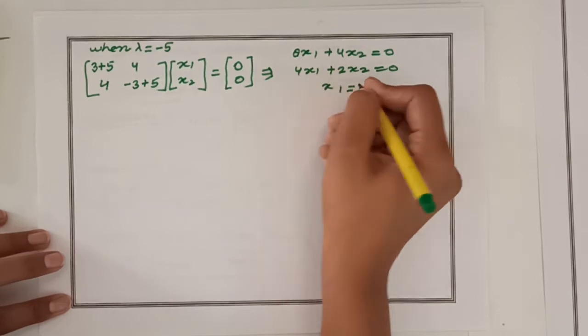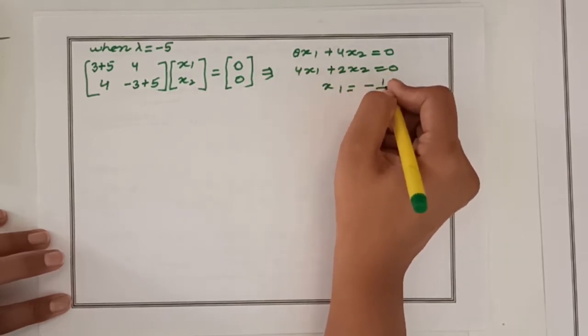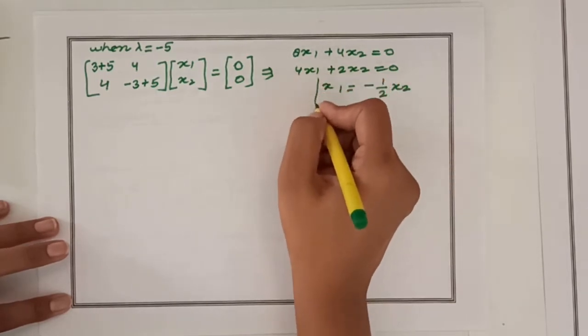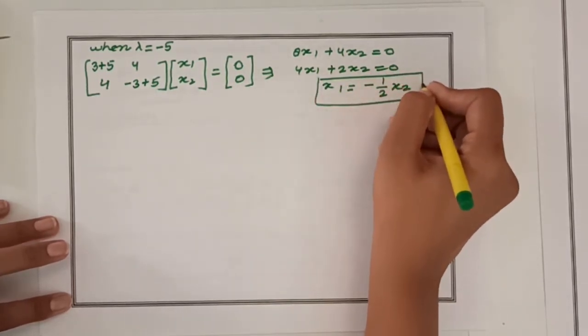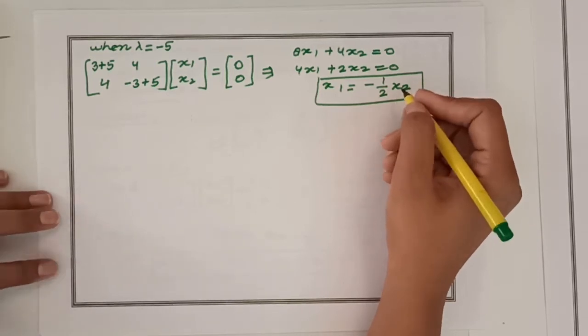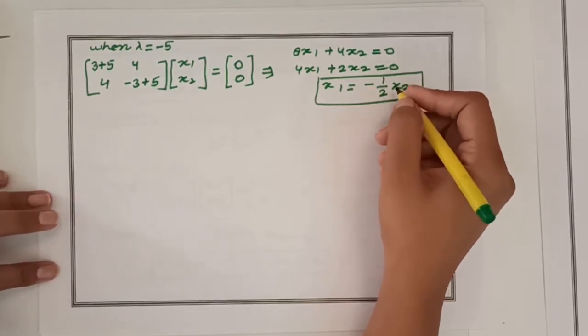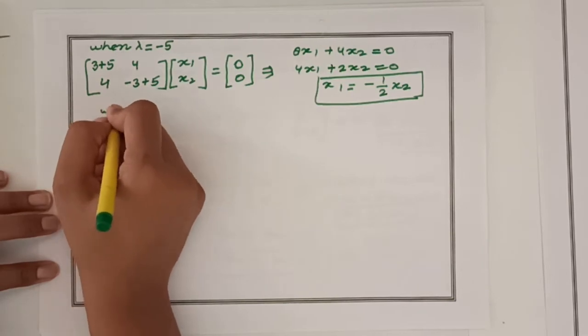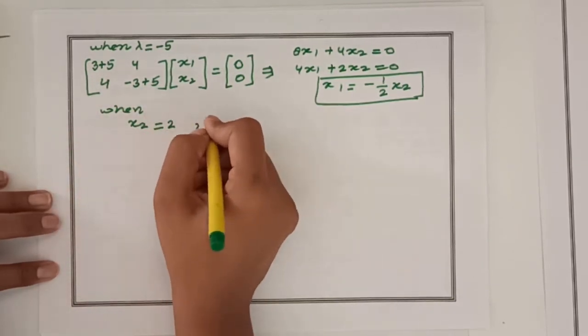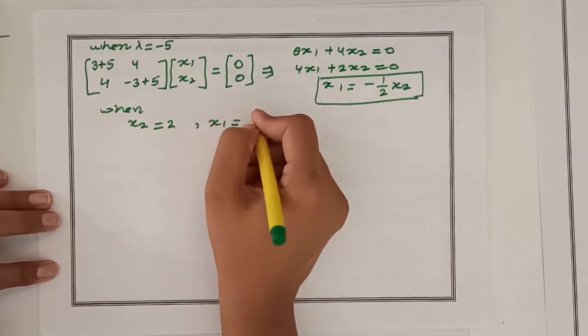So x1 is minus 1 by 2 x2. To get the simplest solution, if x2 is 2, what would be x1?